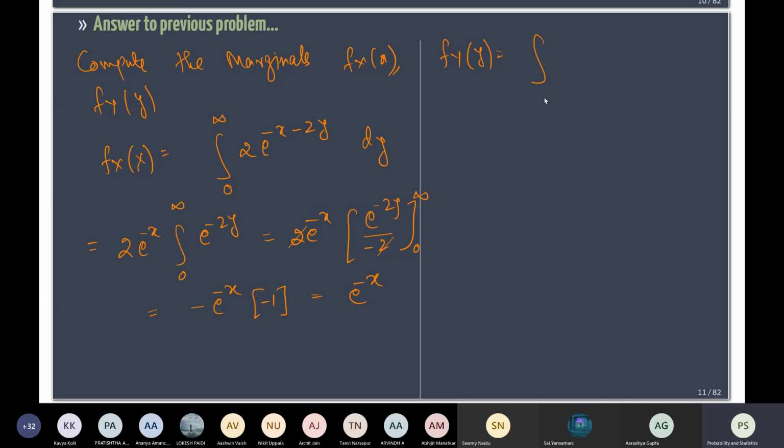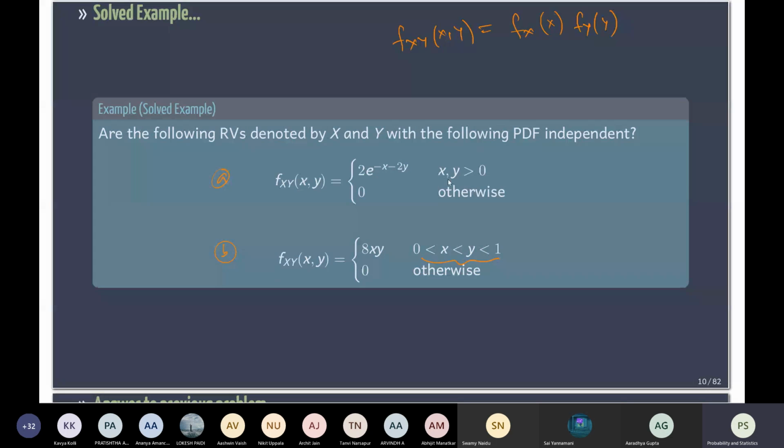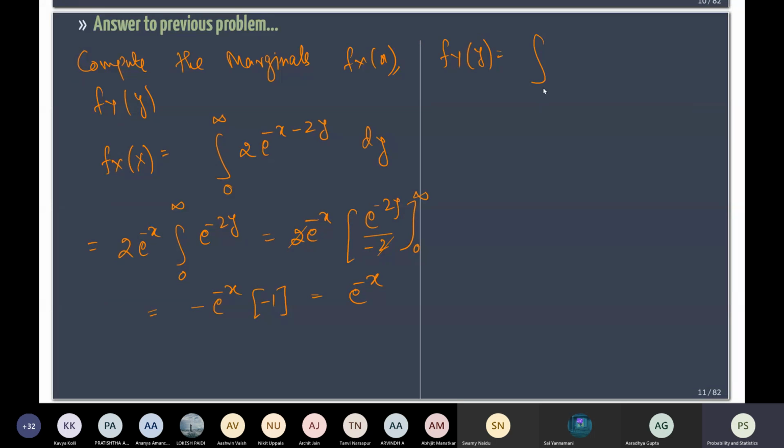Now we compute the marginal fY(y). The x lower bound is 0, so I integrate from 0 to infinity of the joint, 2e to the minus x minus 2y, with respect to x. So 2e to the minus 2y comes out, and what is left inside is e to the minus x dx.